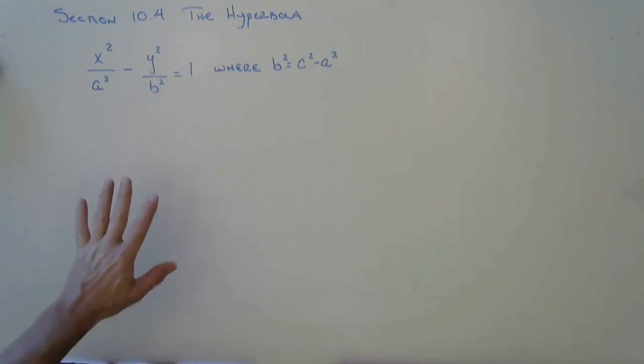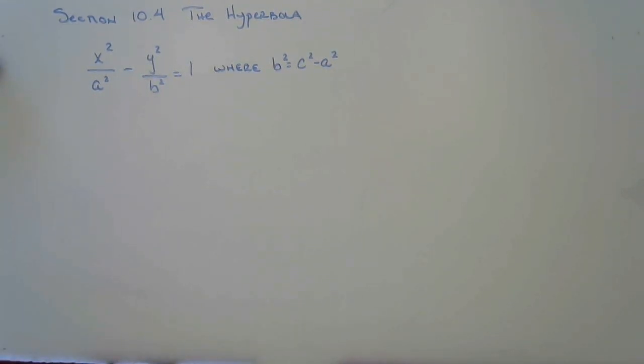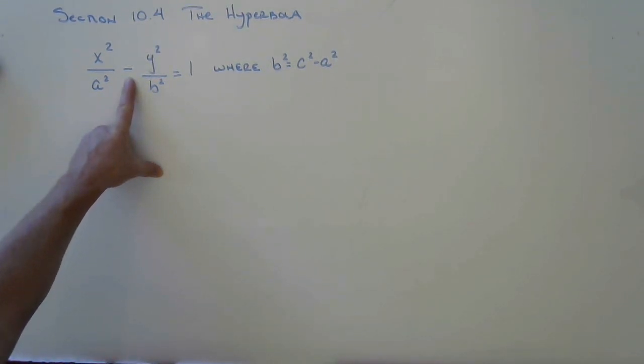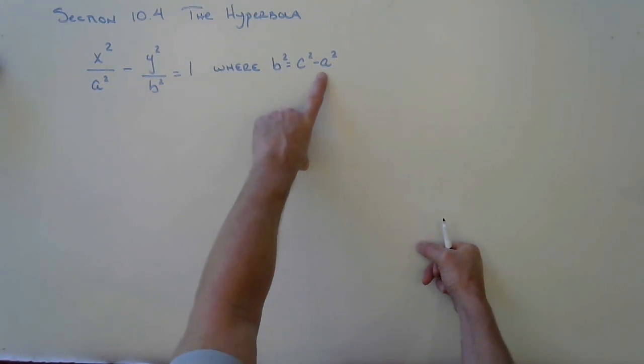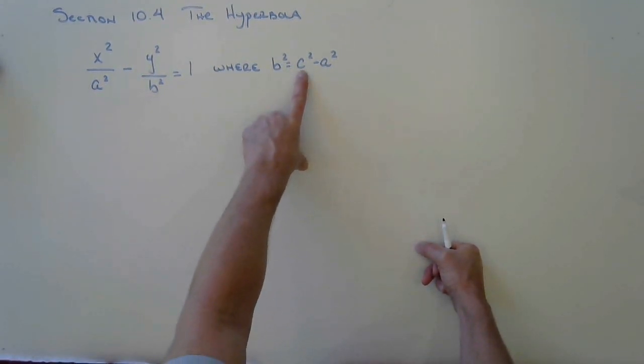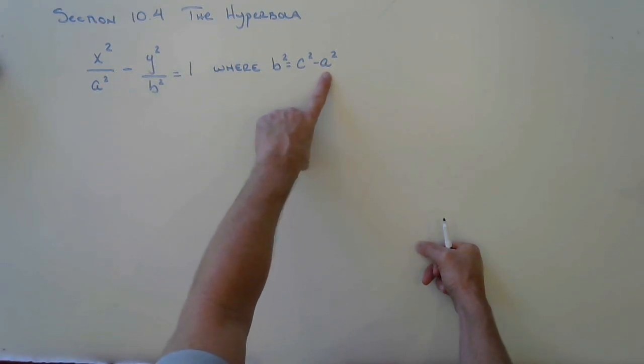Now there's a couple of key differences between this formula and the formula for the ellipse. First of all, the hyperbola has a minus, and instead of it being b squared equals a squared minus c squared, it's b squared equals c squared minus a squared.